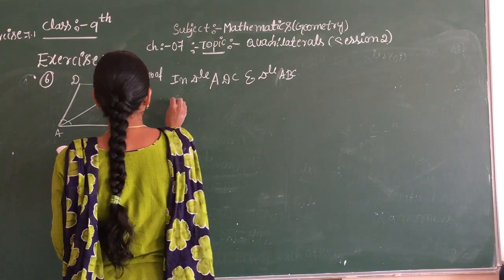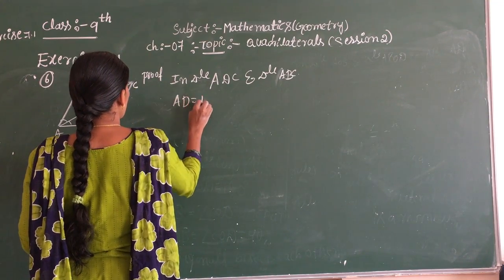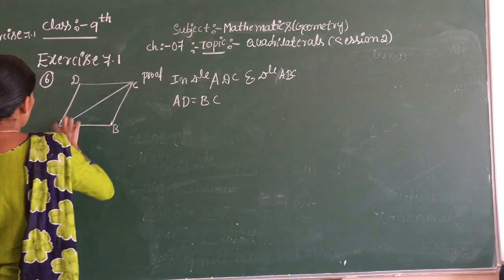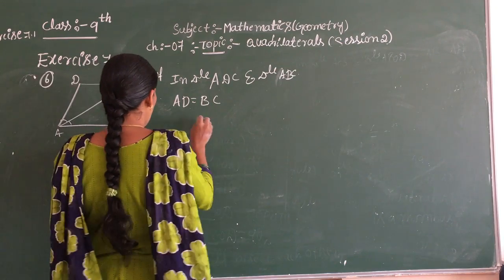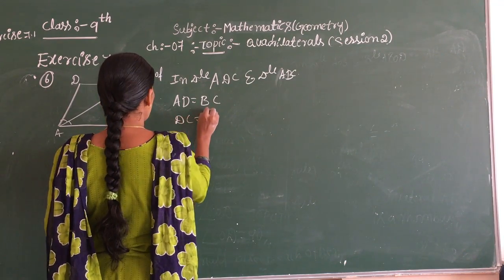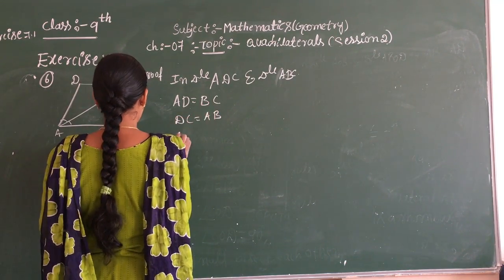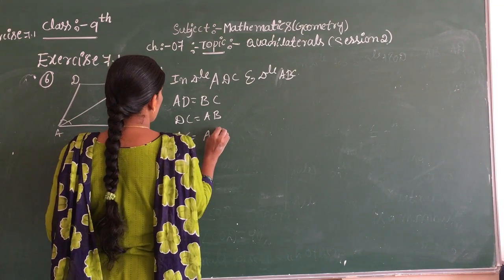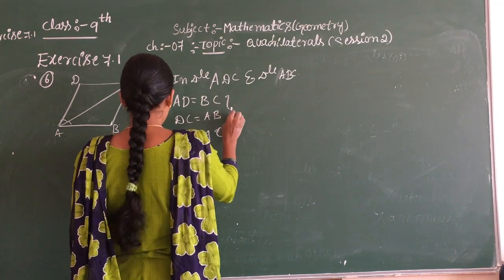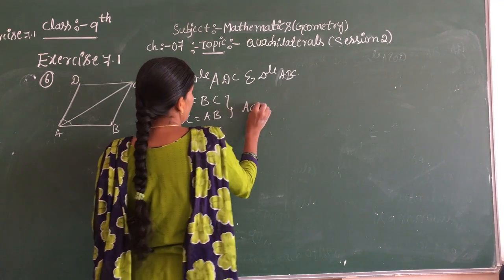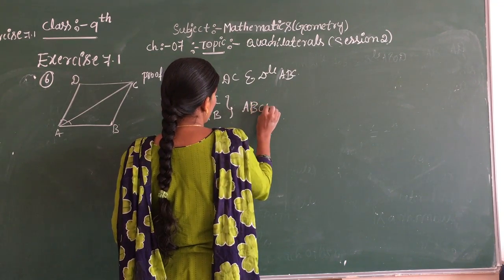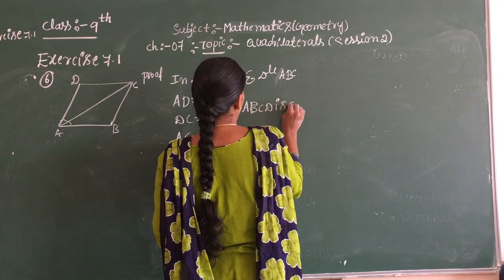Okay, AD is equal to BC and DC is equal to AB and AC is equal to AC. This is AC. Also ABCD is a parallelogram.